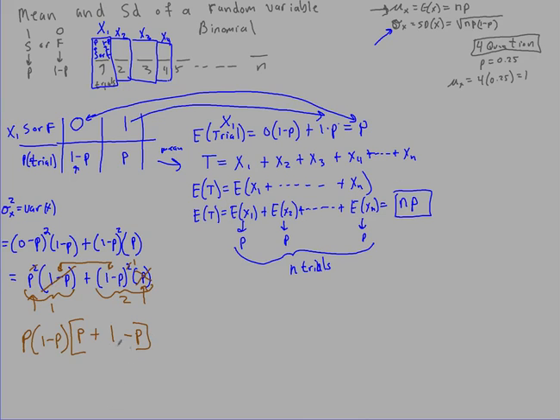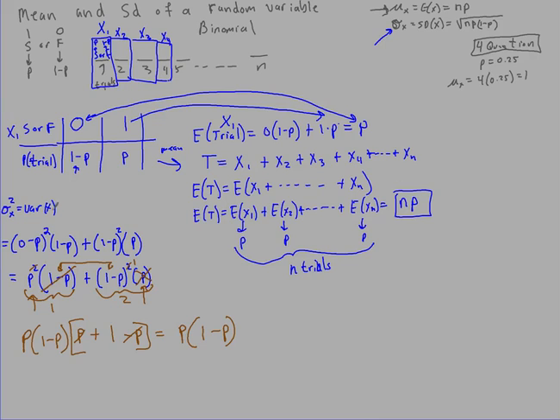Okay. So the variance is going to be, now okay, so let's look at this real quick. This is p plus 1 minus p. So if we combine our terms, this p will cancel out with that p. So here I'm just left with the variance being p(1 minus p).